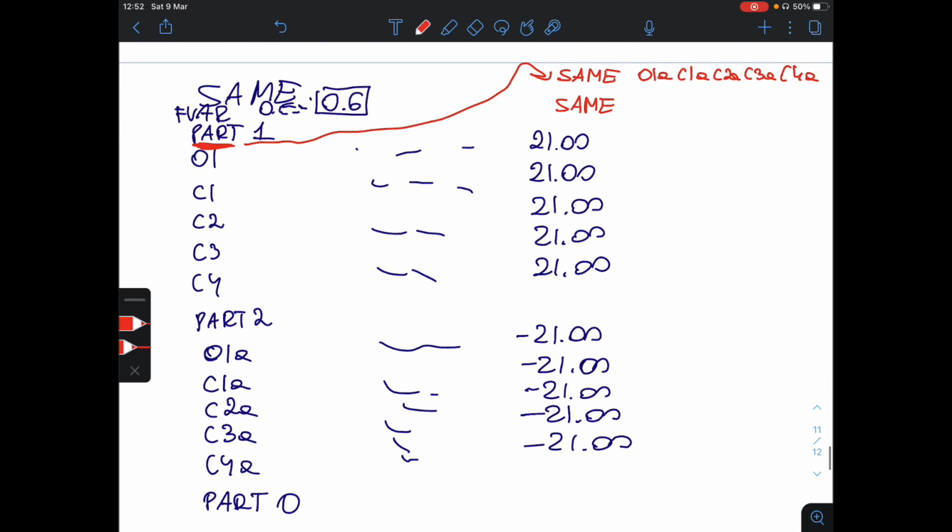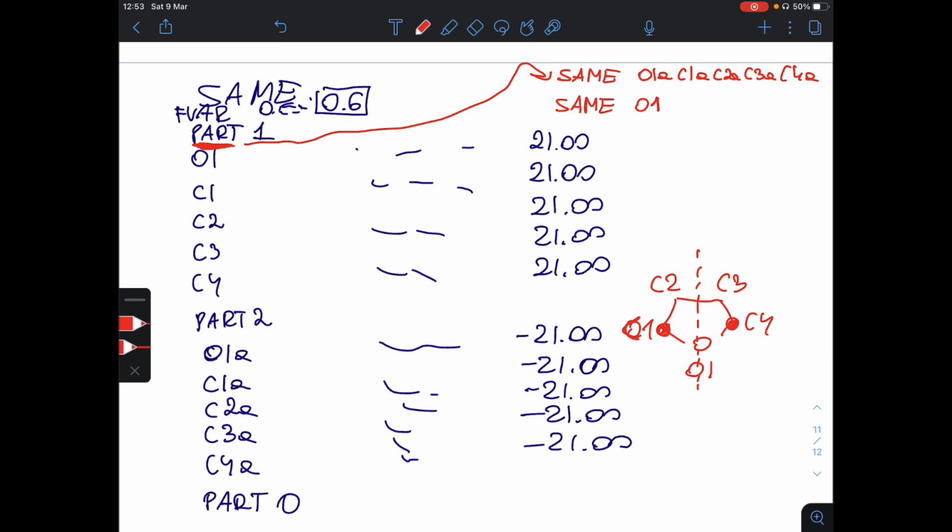So let me just write down our THF. O1, C1, C2, C3, C4. And we know that we have some symmetry here, right? So what we write here: C1 by symmetry is related to C4.